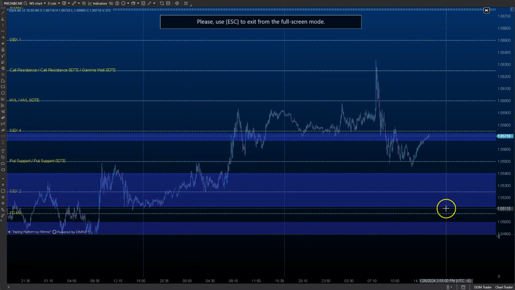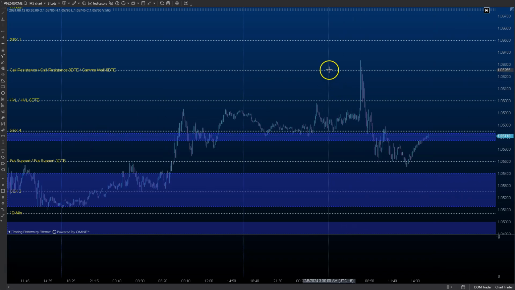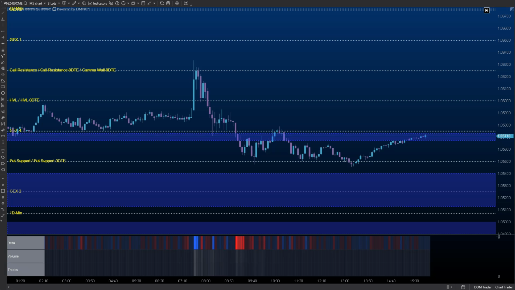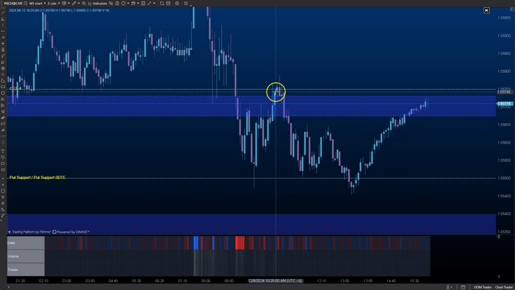And we can see that there was an opportunity here. Now, if you're pretty good with GEX, you could have taken shorts from the call resistance into this level. But once you broke this level and retested, you can clearly see that the volume in the history of the last 2 weeks has shown us the high probability this level has been broken, retested, and is going to be a good short.